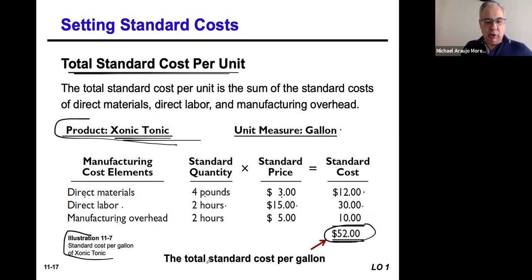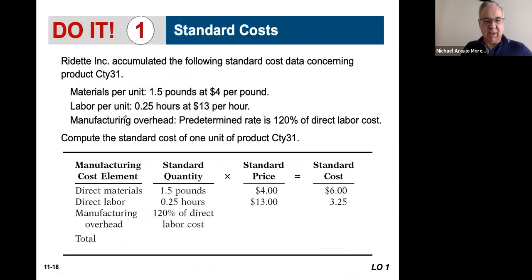So the total standard cost per gallon for materials, labor, and overhead is 52 bucks per gallon. So that's the first thing that we are breaking down. How do we calculate standard costs? And that example, that case study, is what you're going to be practicing for the next couple of days.